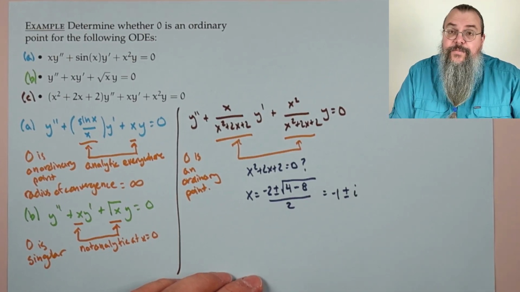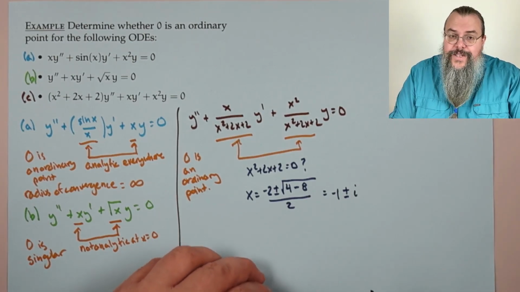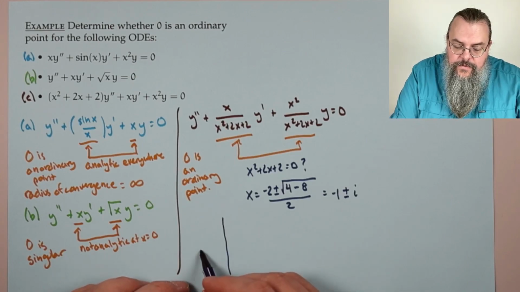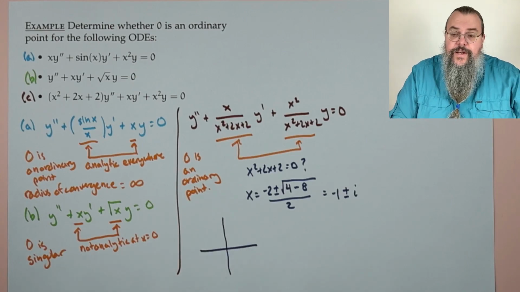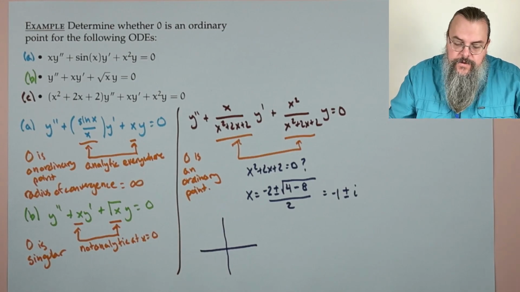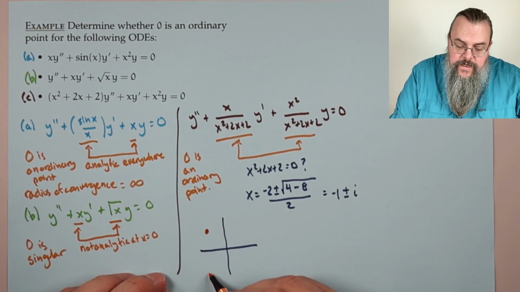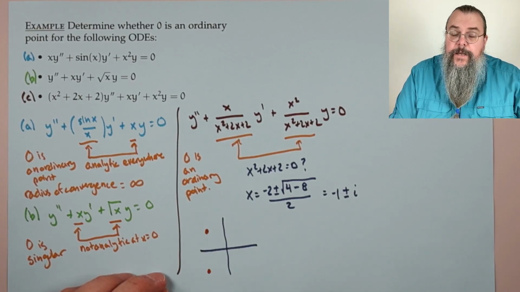So negative 1 plus minus i. Now, what does that mean? Well, it means that if you mark points in the complex plane, you have negative 1 plus i, negative 1 minus i. So those are our 2 points.